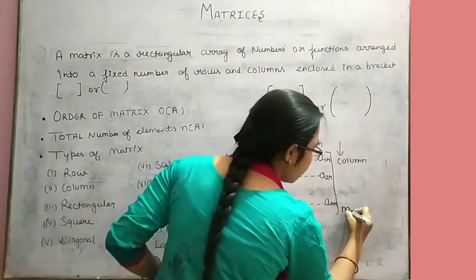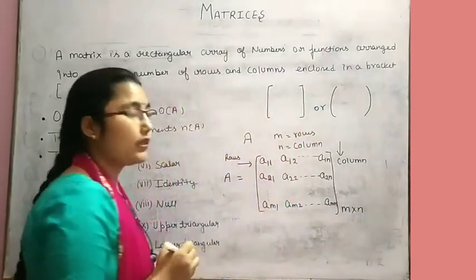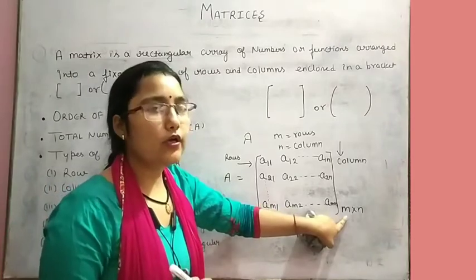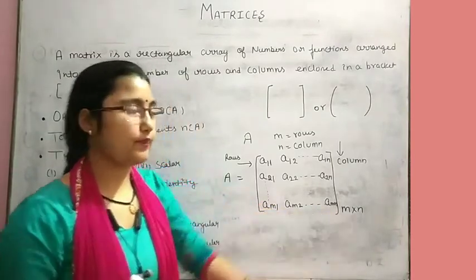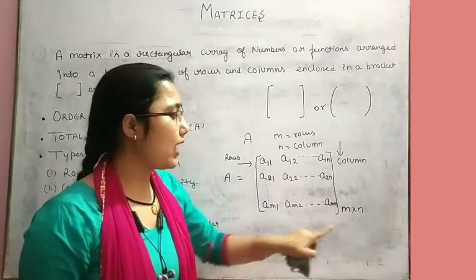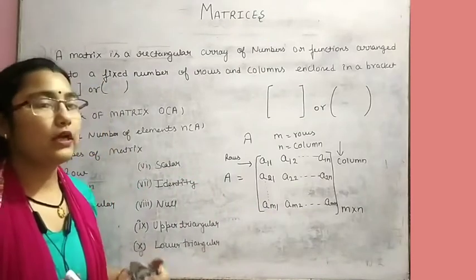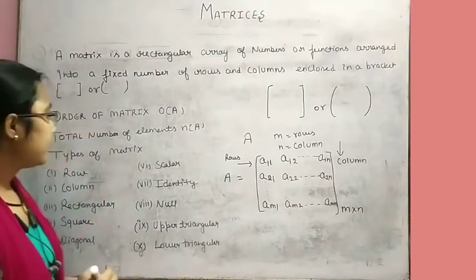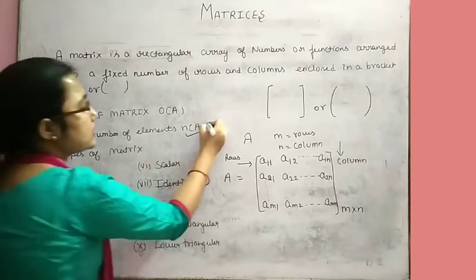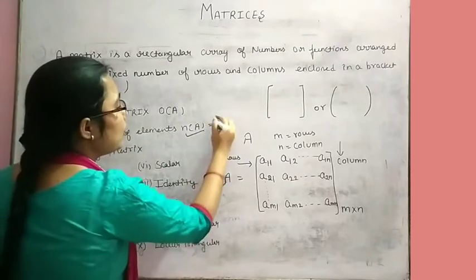And please note that if we write m cross n at the end of a matrix, this represents the order of the matrix. This is m cross n. It is not called m into n. M into n represents the number of elements. This is multiplication, that means m into n.